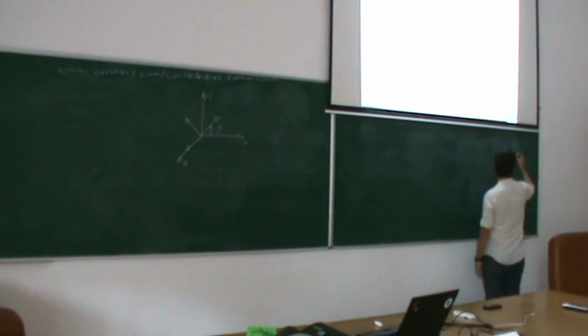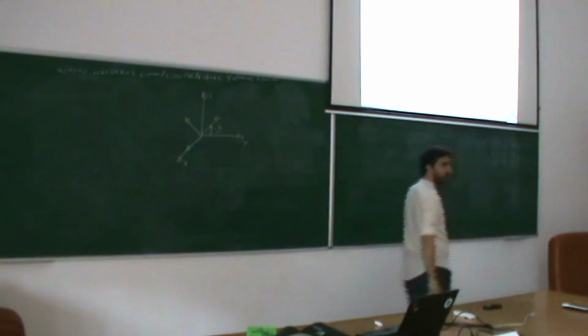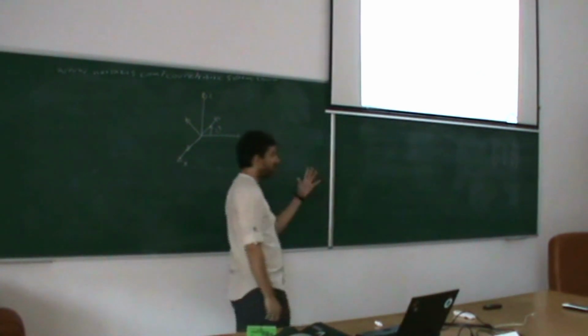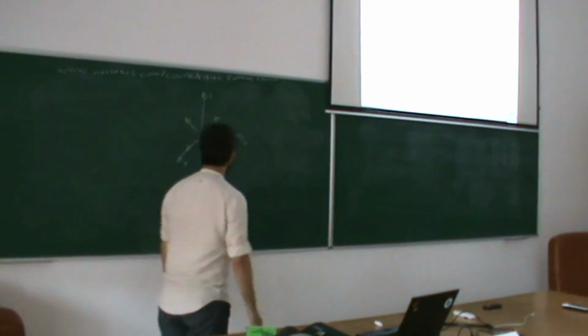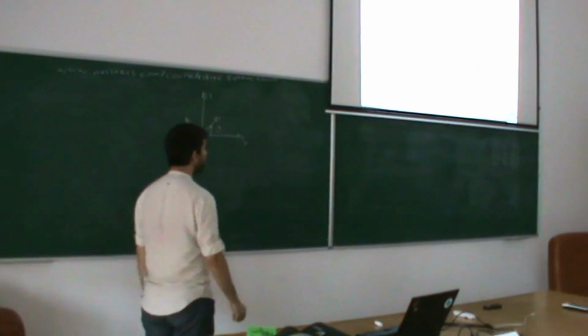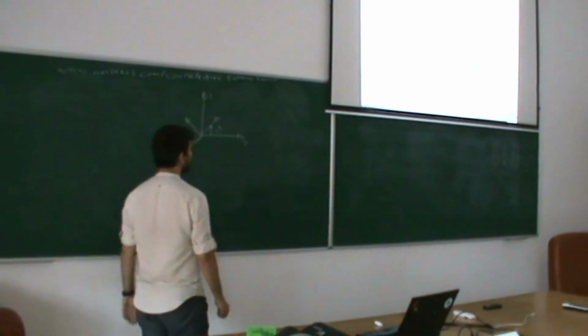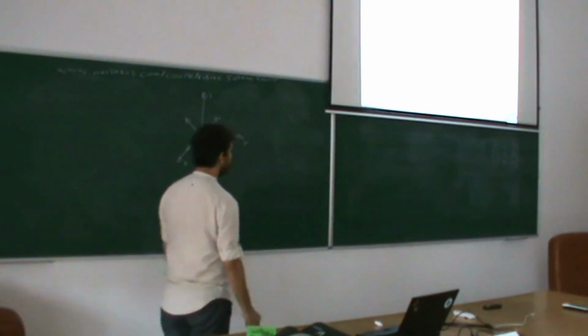And we rotated it by 45 degrees around x. Okay? So we started with the identity matrix.